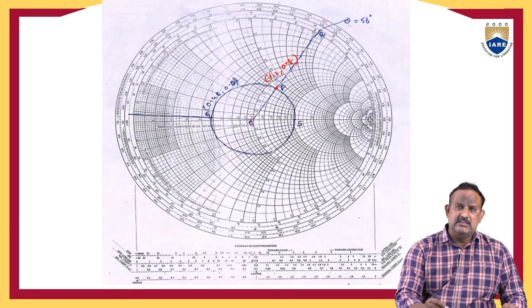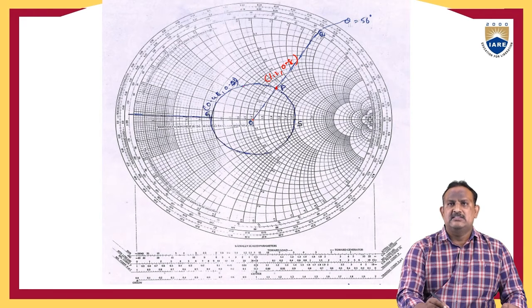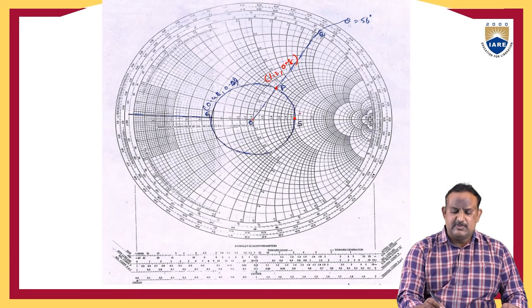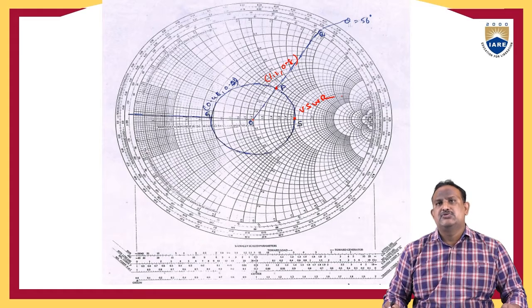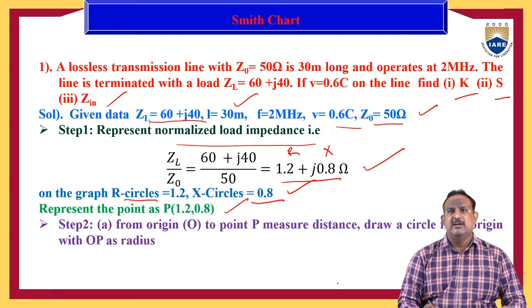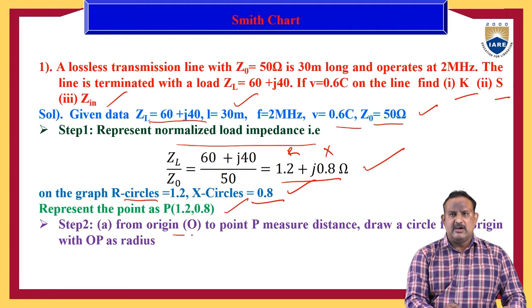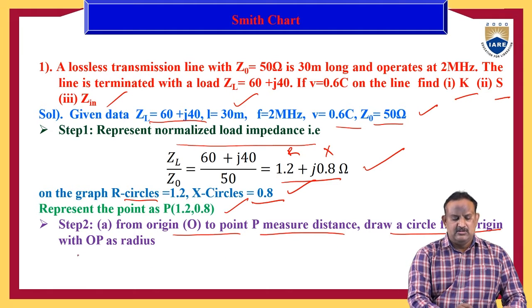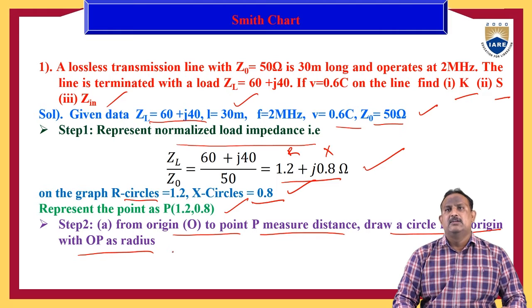Let OP be the radius and draw a circle. Here the circle touches the x-axis on the right-hand side at point S. This point S represents the VSWR, the voltage standing wave ratio. So from origin to point P, measure a distance and draw a circle from the origin with OP as radius.